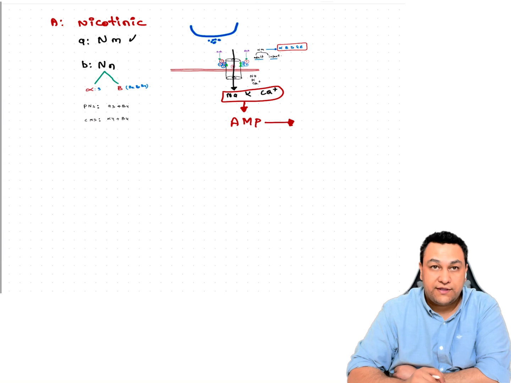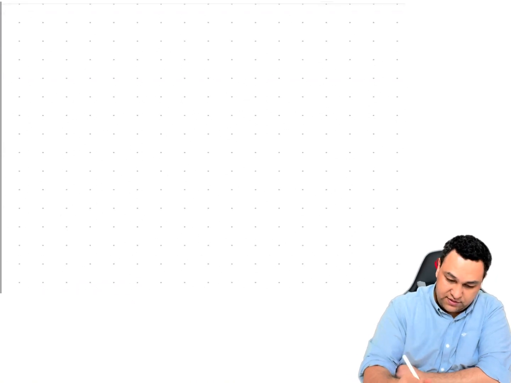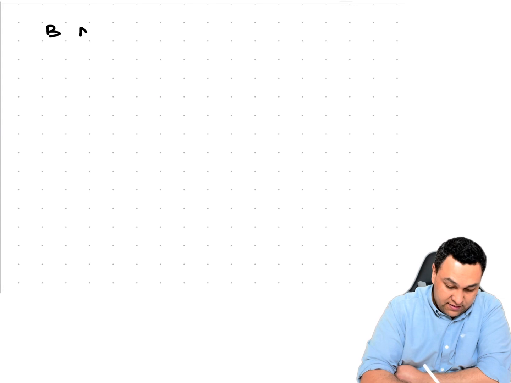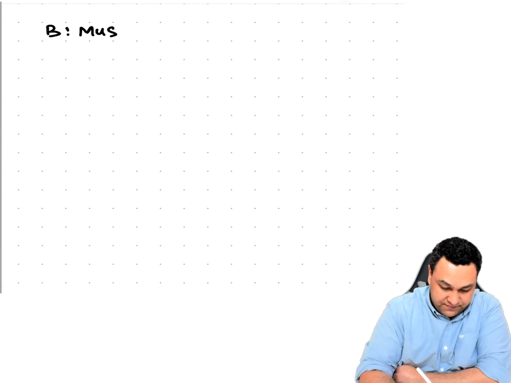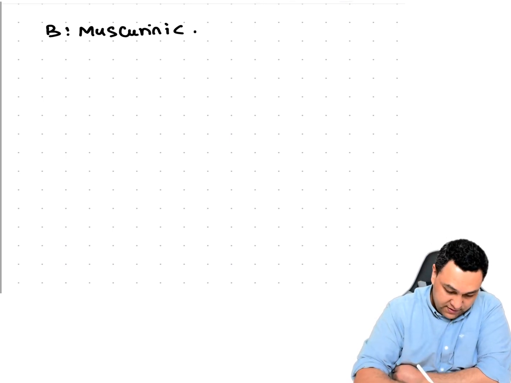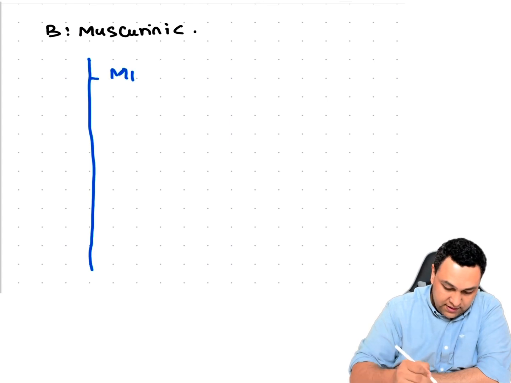So this is all about the nicotinic acetylcholine receptor subtypes. Now let's move to muscarinic subtypes. The muscarinic subtypes are further divided into 5 subunits: M1, M2, M3, M4 and M5.